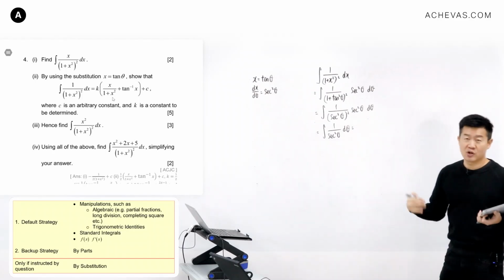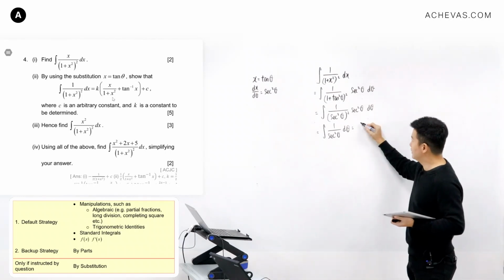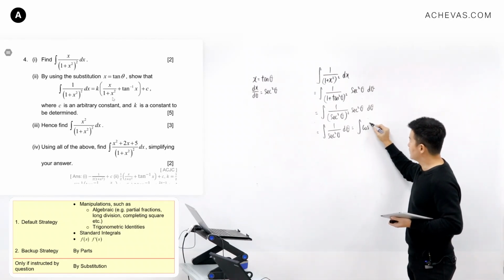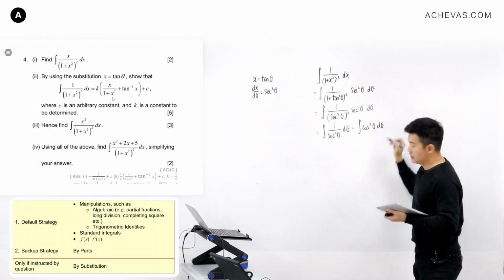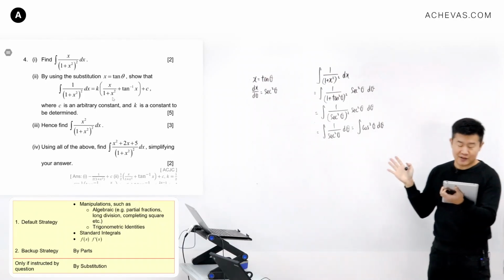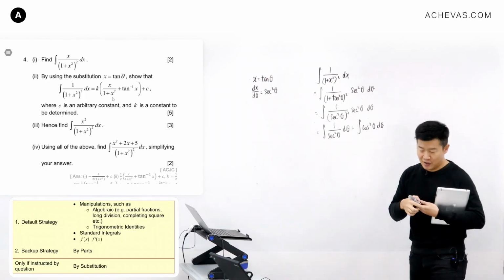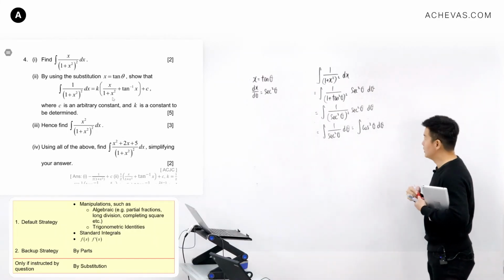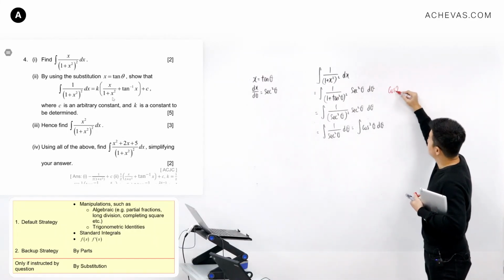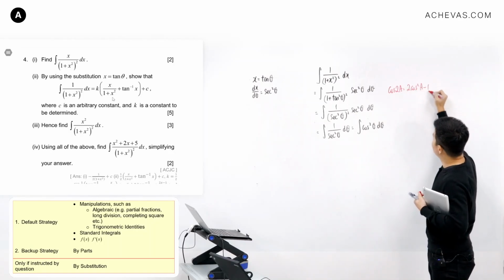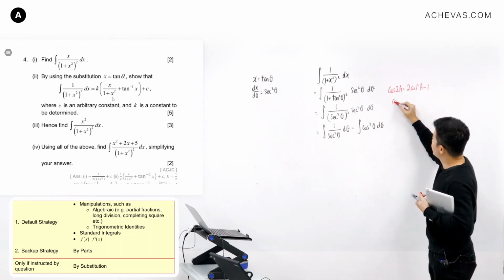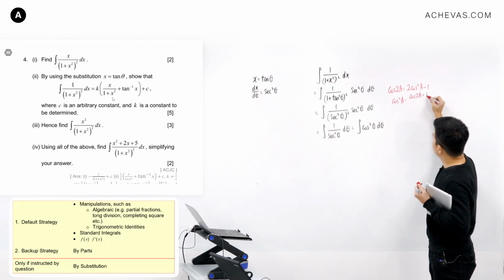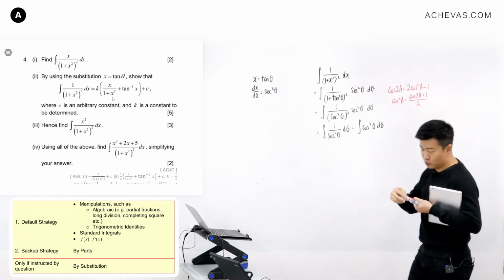And secant is 1 over cosine. So I can just write this as cosine square theta d theta. And this is very, very easy to integrate because we are going to make use of one of the most used trigonometric identity, the double angle formula. Cosine 2a is 2 cosine square a minus 1, which means that cosine square a is going to be cosine 2a plus 1 divided by 2.